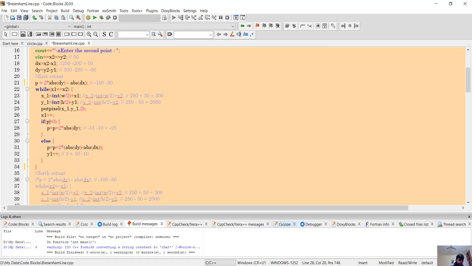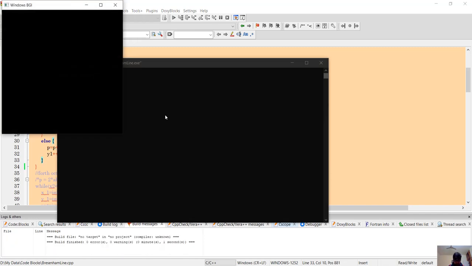The second decision parameter: if the decision parameter is less than 0, then this command will run. And else, if it is greater than or equal to 0, this will run. Now let's try to execute it by pressing F9 finally.